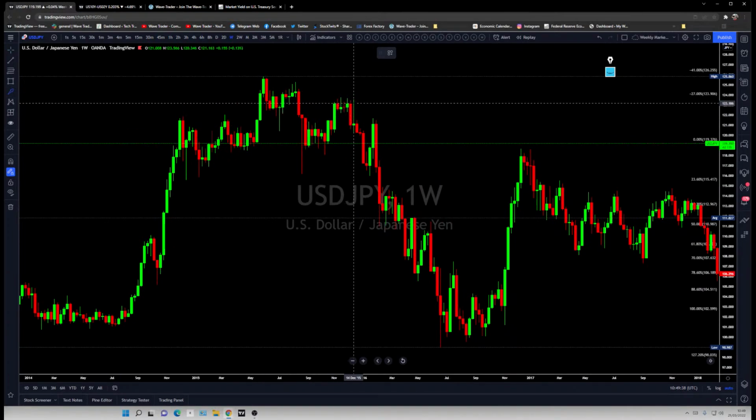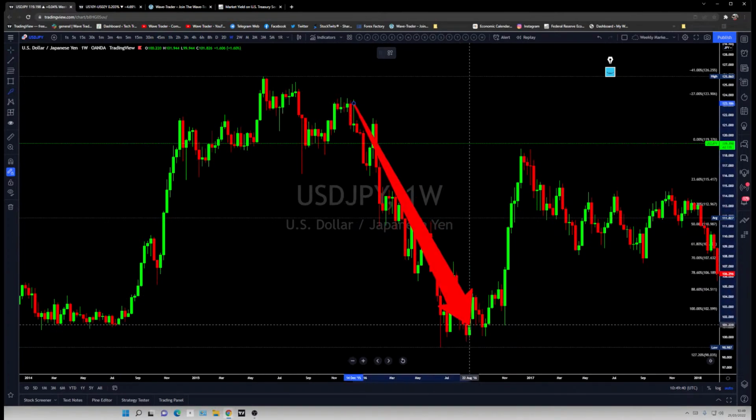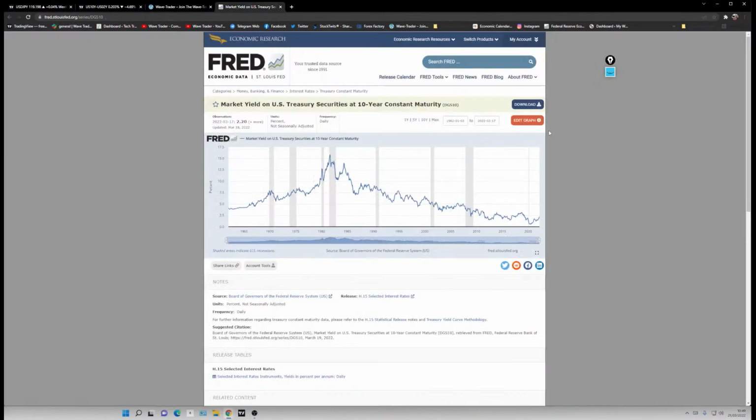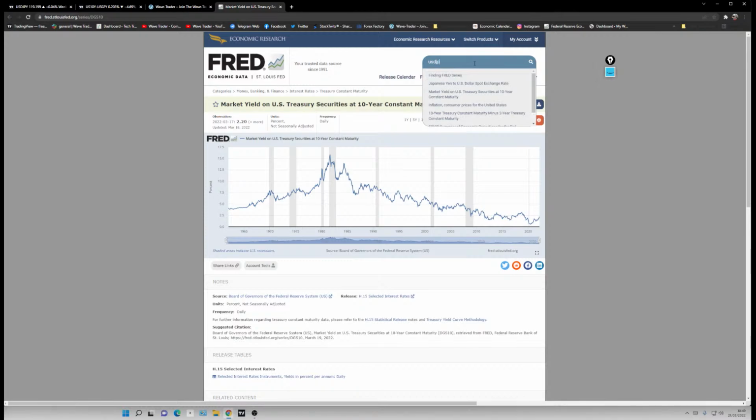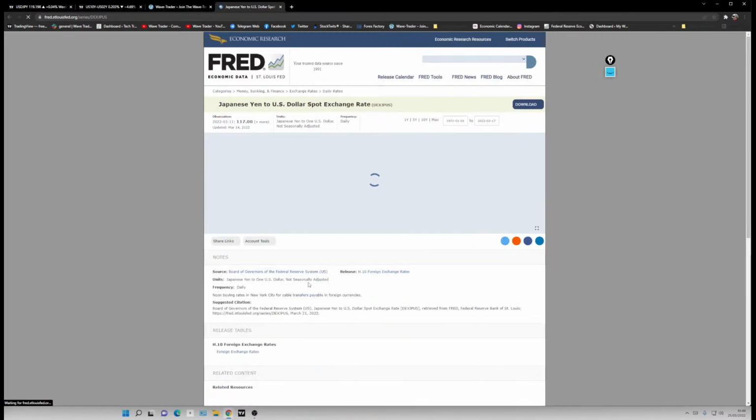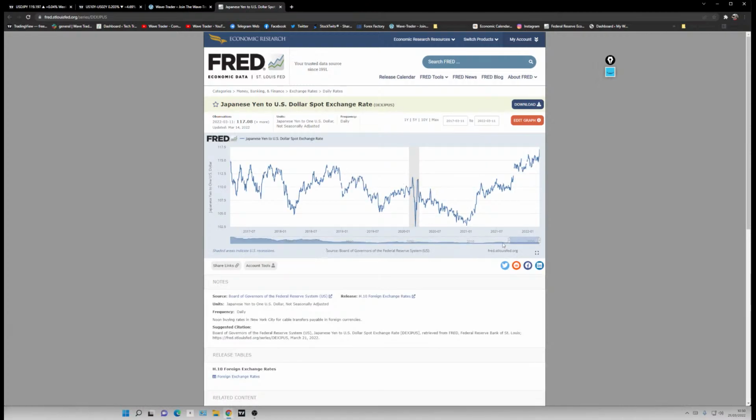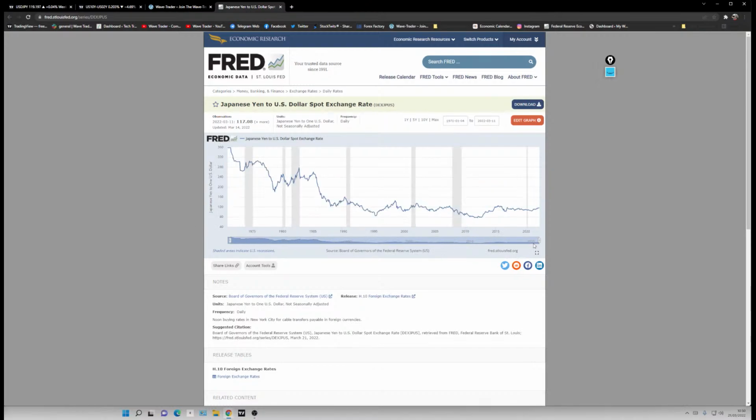drop on dollar yen. All right, so if I look at this and search the dollar yen chart, all right, and look at the past data, past behavior of the dollar yen.